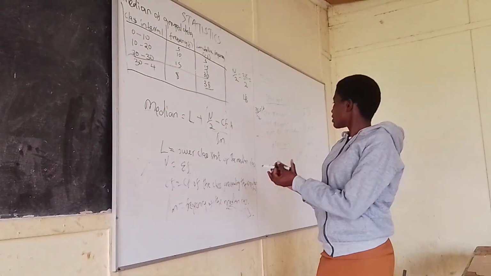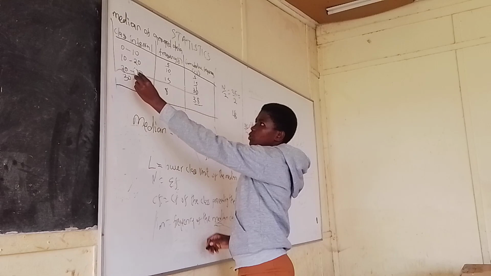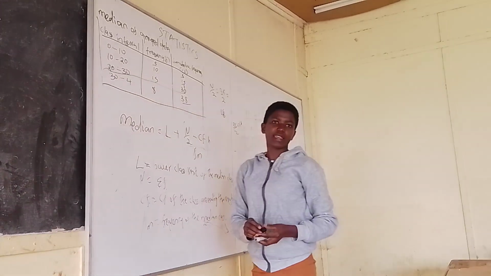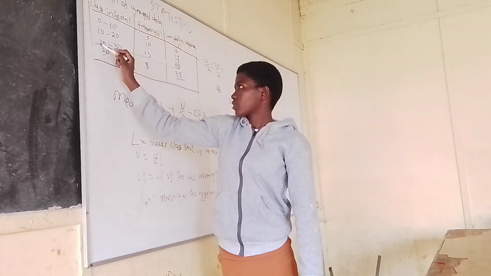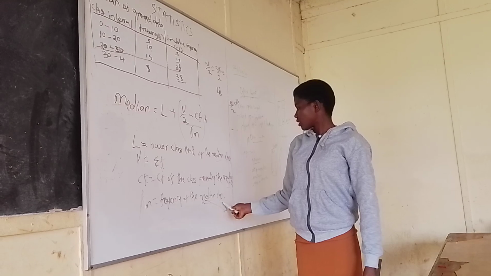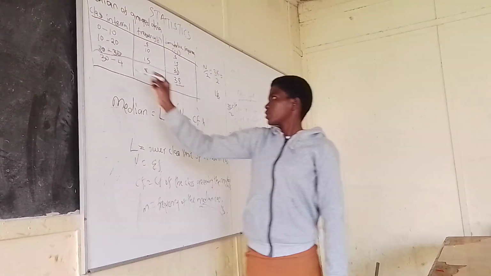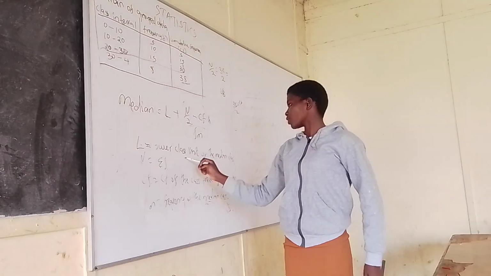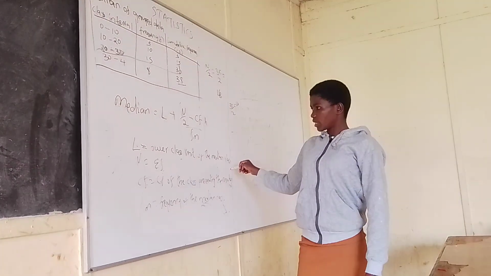So the interval of the median class is from 20 to 30. This is where our median lies, in this interval, 20 to 30. After finding the median class interval, which is 20 to 30, we have to know L, which is the lower class limit of the median class.